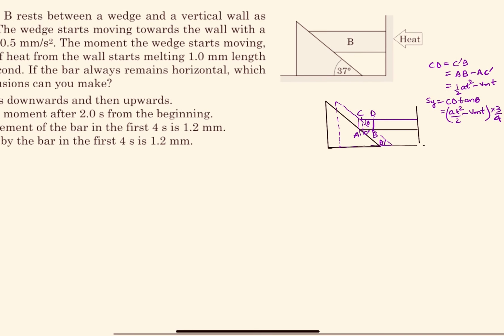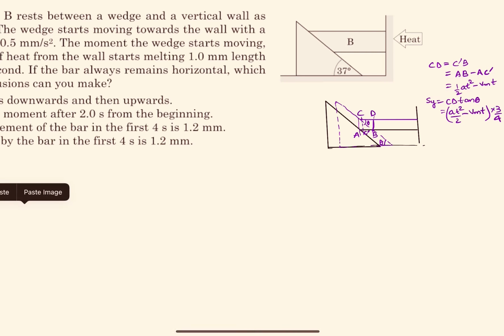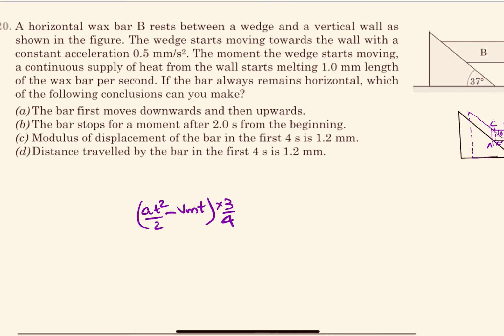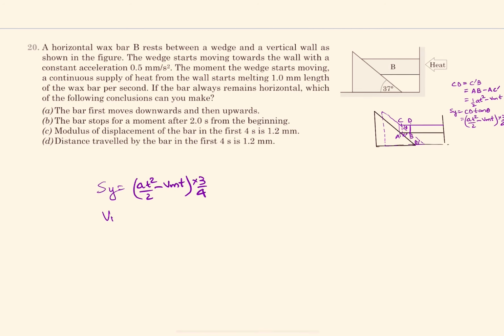And let's now take this expression and let's just see the options with which this expression agrees or not. So first option is the bar moves downwards and then upwards. So in this case we'll have to find out the velocity of the bar. So Sy is given. So Vy will be what?